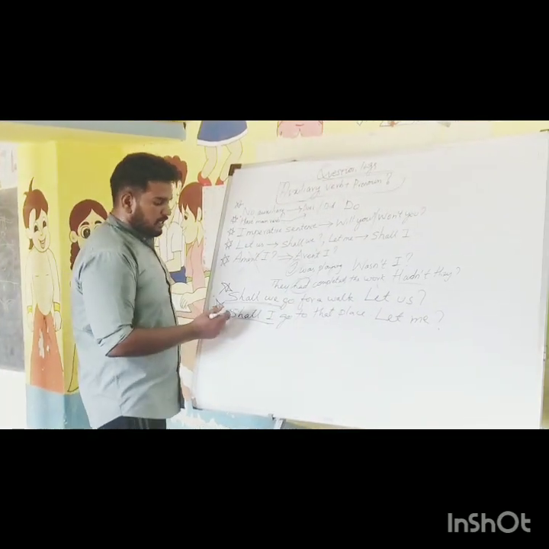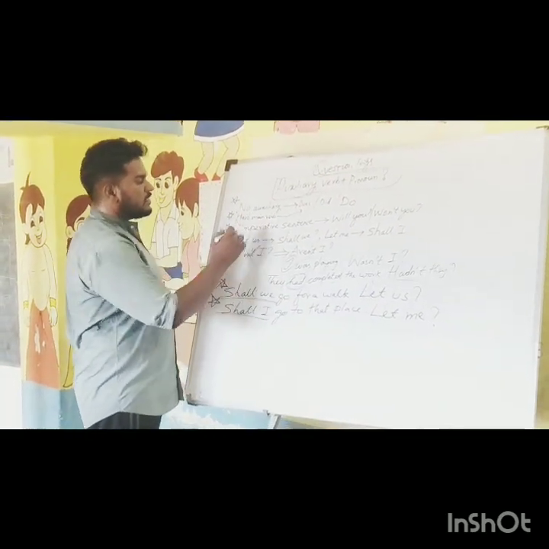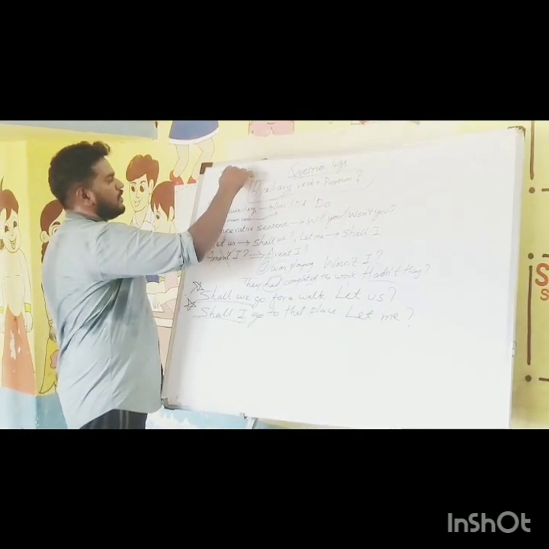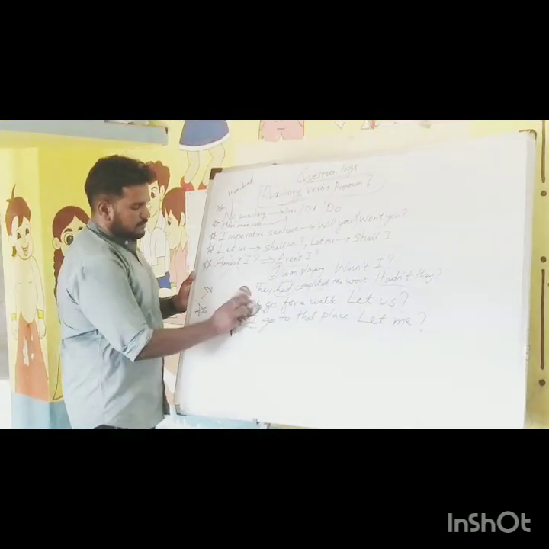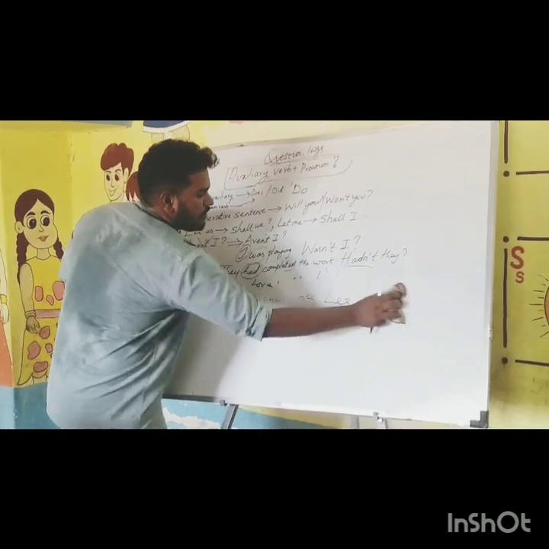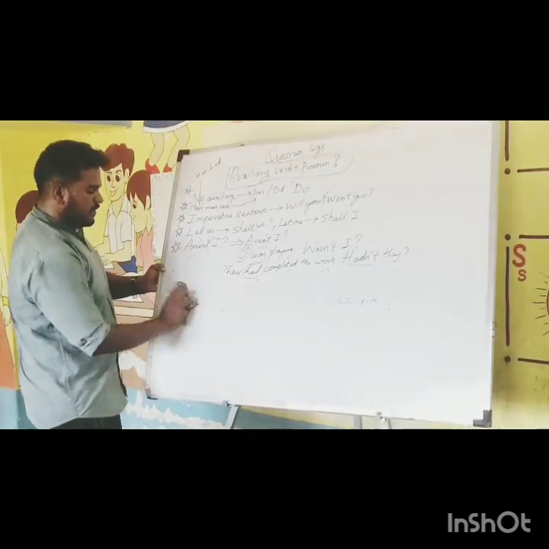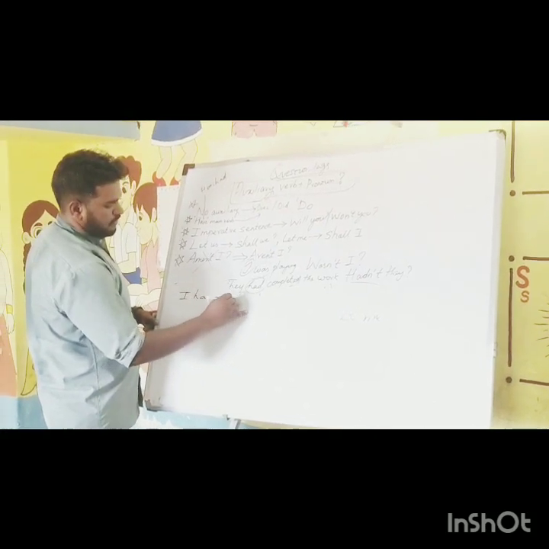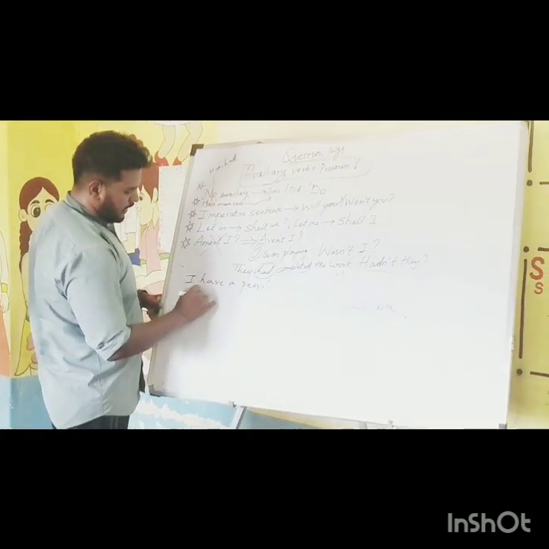And one more thing is there, when have, that means it can be have, has or had, is coming as main verb. For example, I have a pen. She has a car.